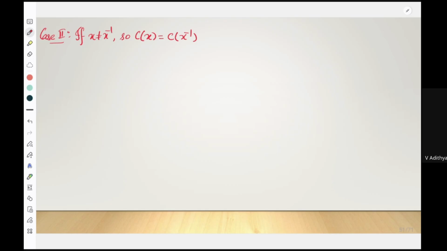Now consider the map phi from G to G given by phi of g equals g inverse. This is not a homomorphism, but this is just a set theory map. It's just a map.